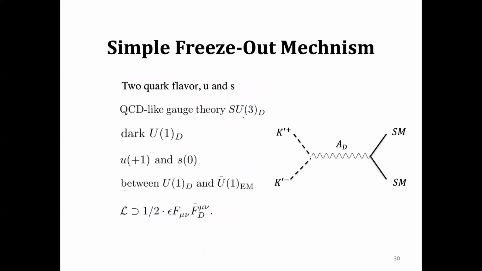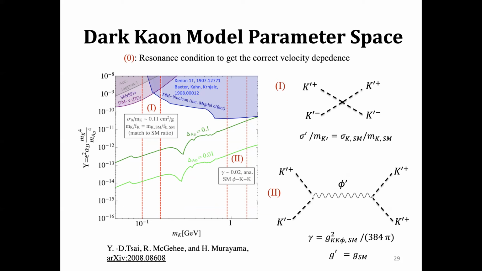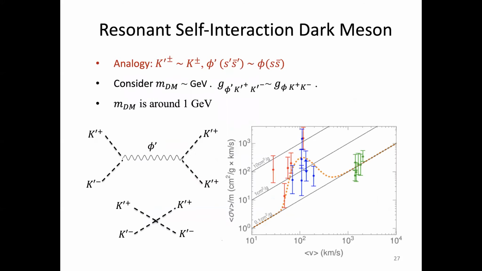We freeze out through a very standard scenario where K plus, K minus go through a dark photon, going to standard model particles. And the dark photon is the quintessential dark photon that has mixing with the standard model photon. Now you can play with the different masses. So the dark photon is heavier than the kaon in this scenario. And this is the mass.